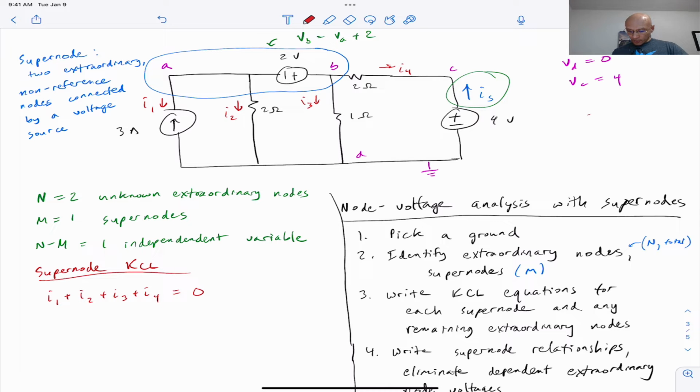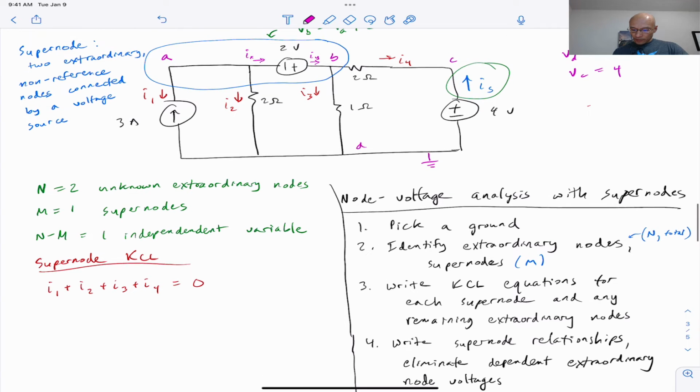No other currents are leaving that supernode. I'll just point out that I could identify some other currents internal to the supernode, like for example, Ix and Iy are not equal to I1 or I2 or I3 or I4, but they're not leaving the supernode, so they don't get included in our KCL equation.